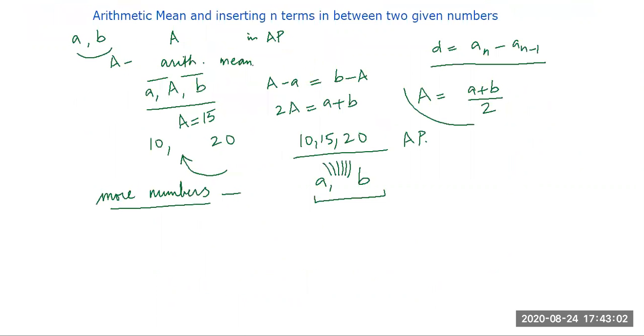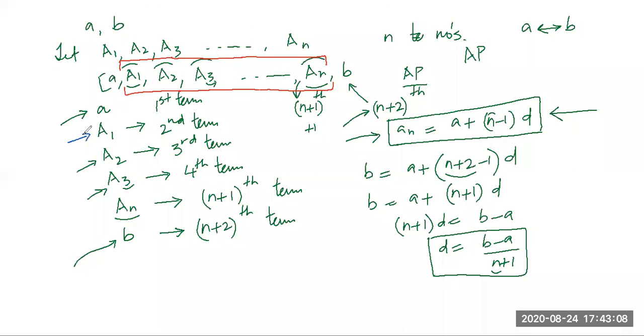See students, what is the first number, Arjinder? The first number is the second term, and that is A plus D. What was the third number? A plus 3D. What was the nth number? A plus ND. Am I right?